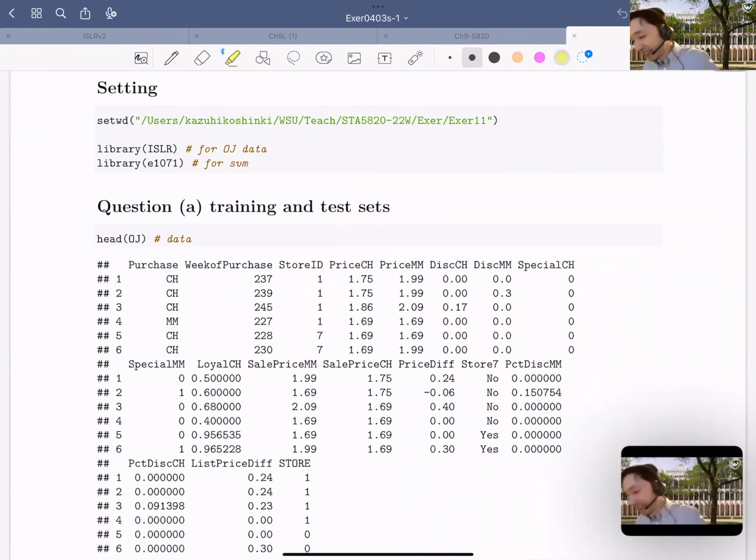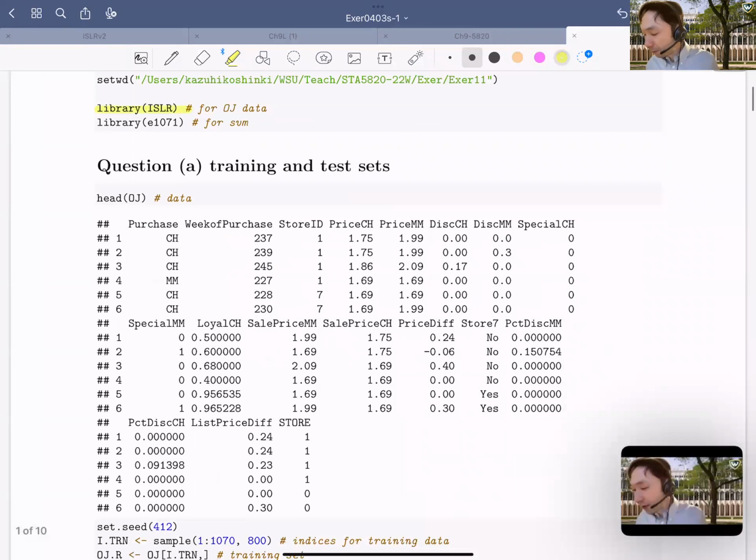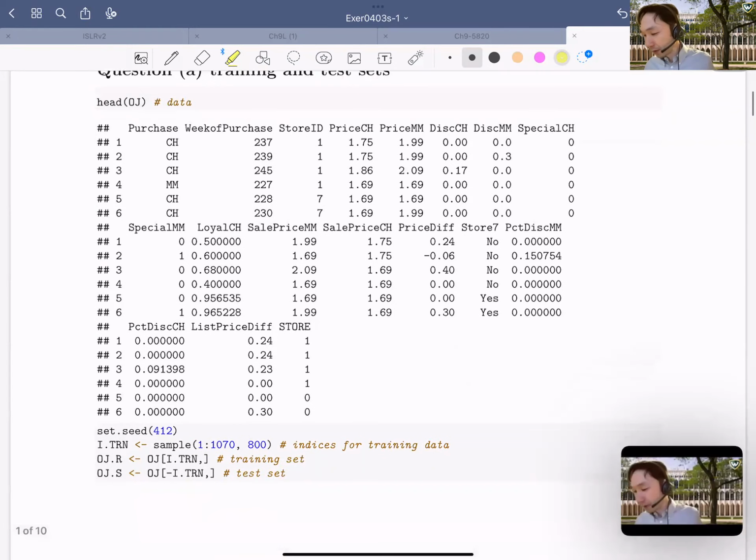Thank you. Yes, so first we import the library for data and import e1071 for support vector machine. So this is the data. You can see these variables, and purchase is the response variable.